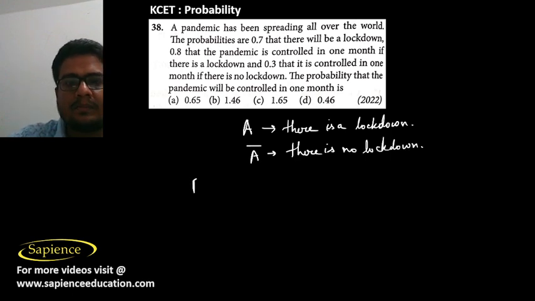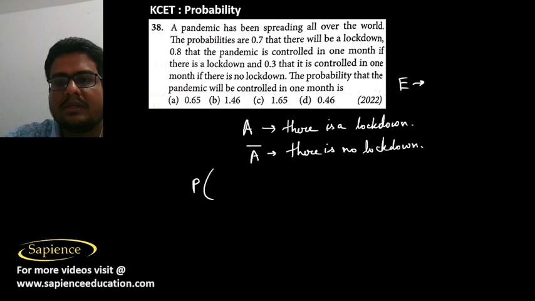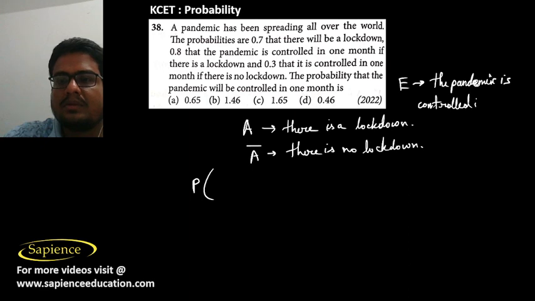And let E be the event that the pandemic is controlled in 1 month.